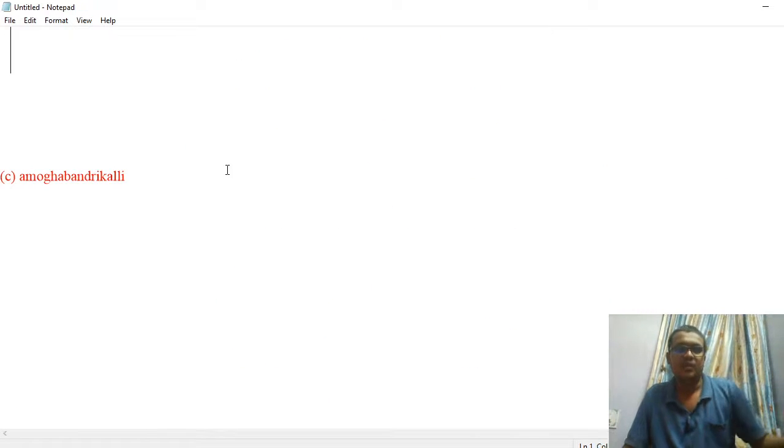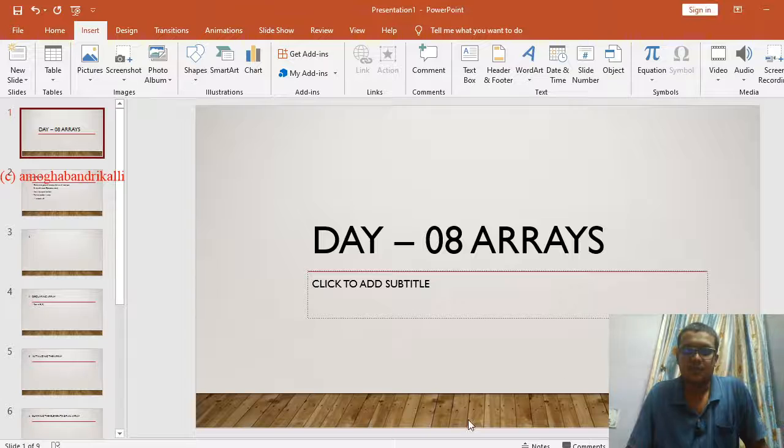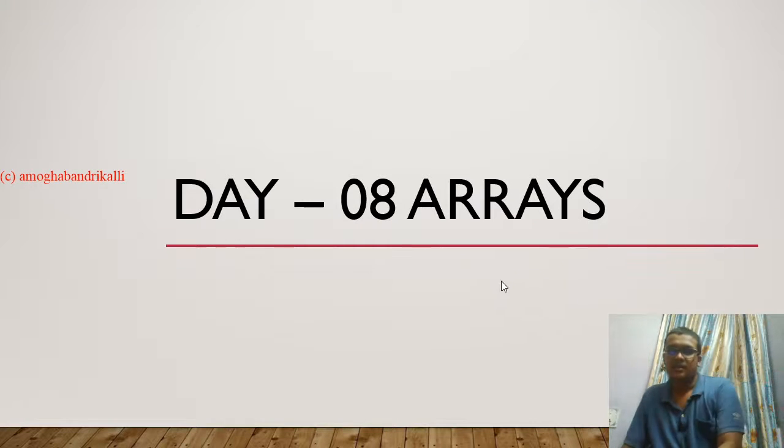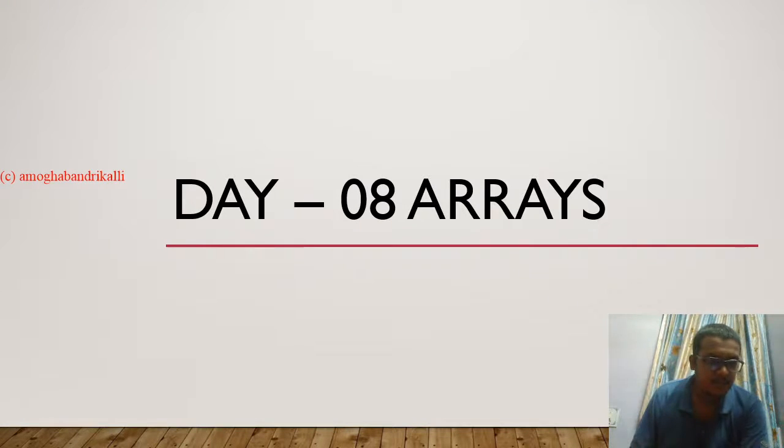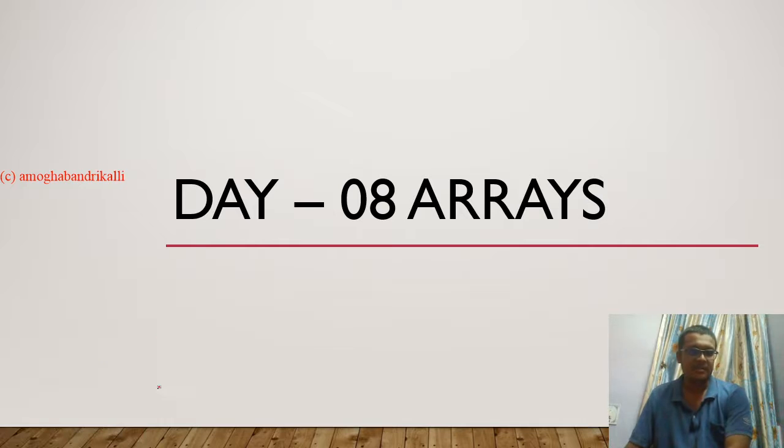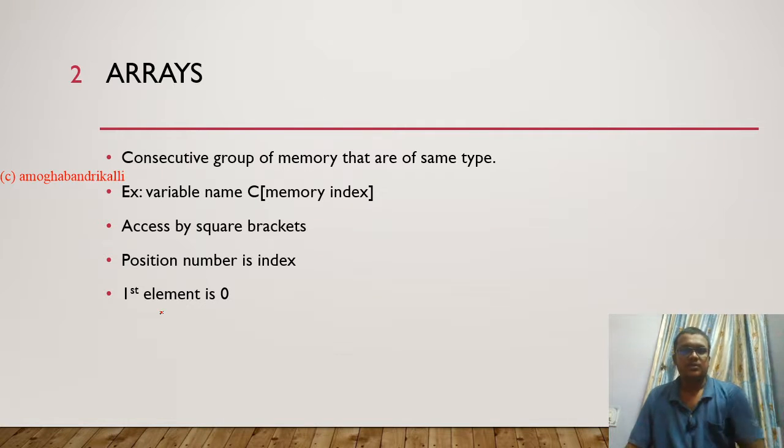Today we are going to see about arrays. How are arrays declared, or what is an array in Arduino? Let me take a pen here. First, an array is a consecutive group of memory of the same type, meaning the same data type.